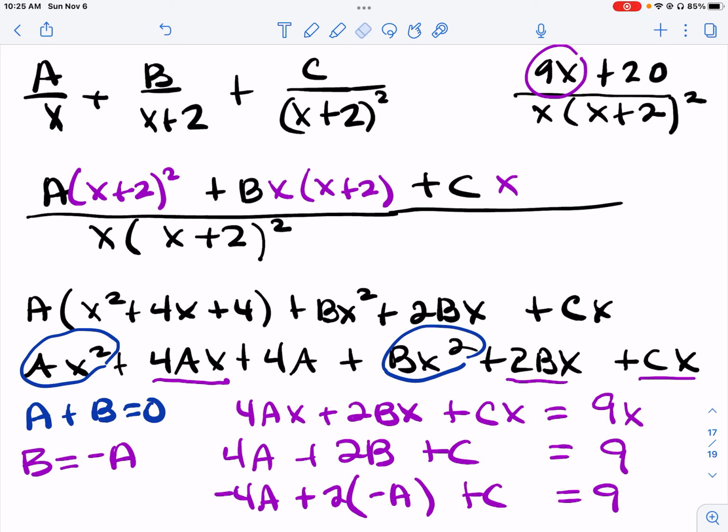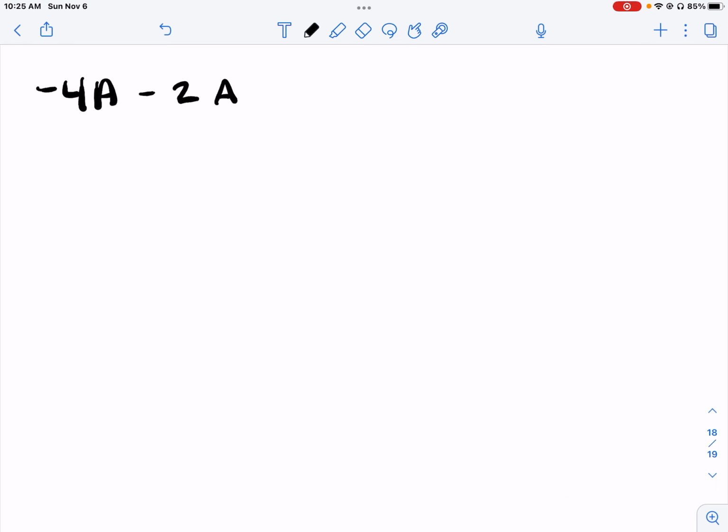That was not a negative right here. This should be 4a. 4a minus 2a plus c equals 9. 4a minus 2a is 2a.